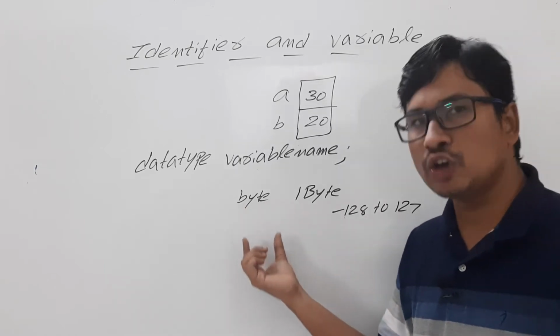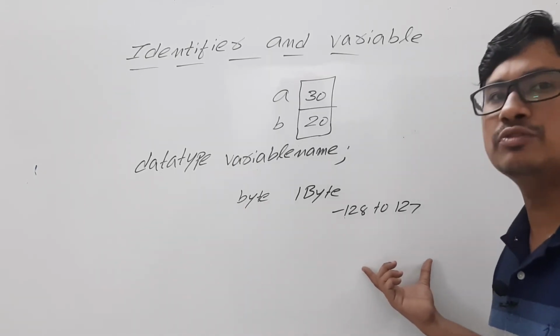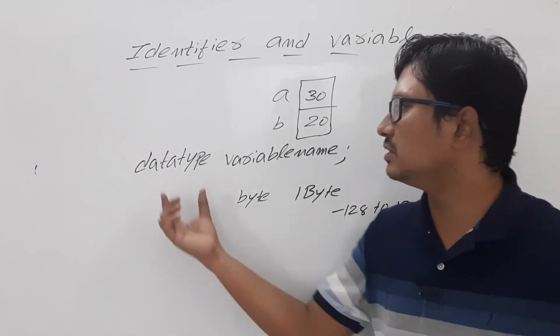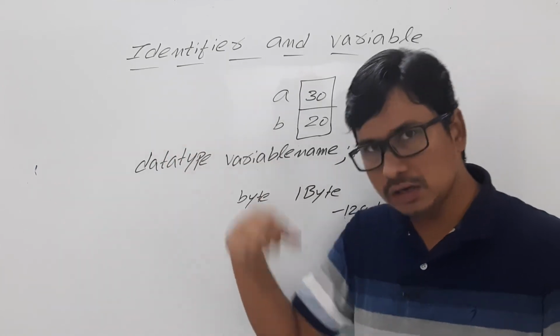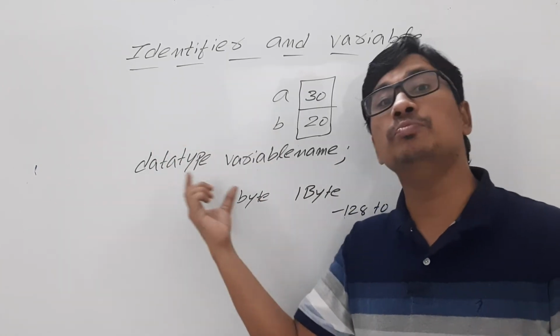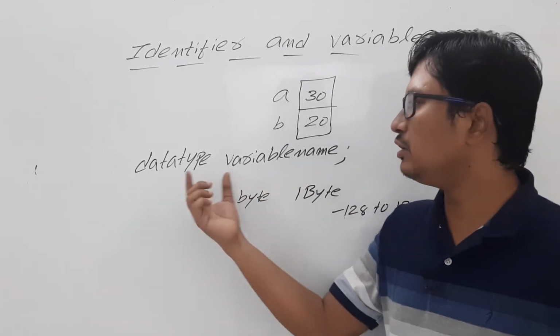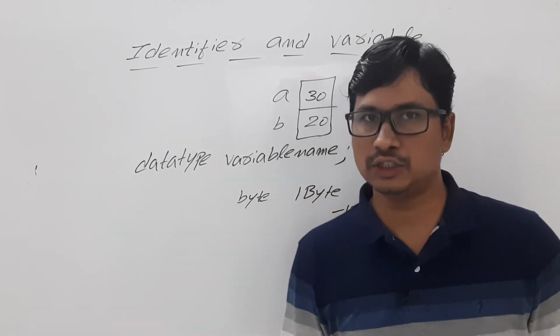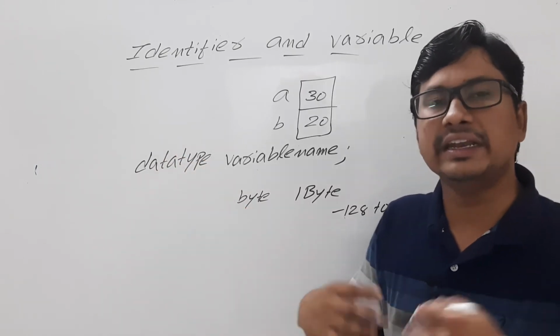If it is a short, then it is 2 bytes, and there will be some other range. So the point here is that the data type will tell you what kind of values you can store, how much memory will be occupied by this variable, and what range of values you can store. In detail, I will discuss the data types in the next video.